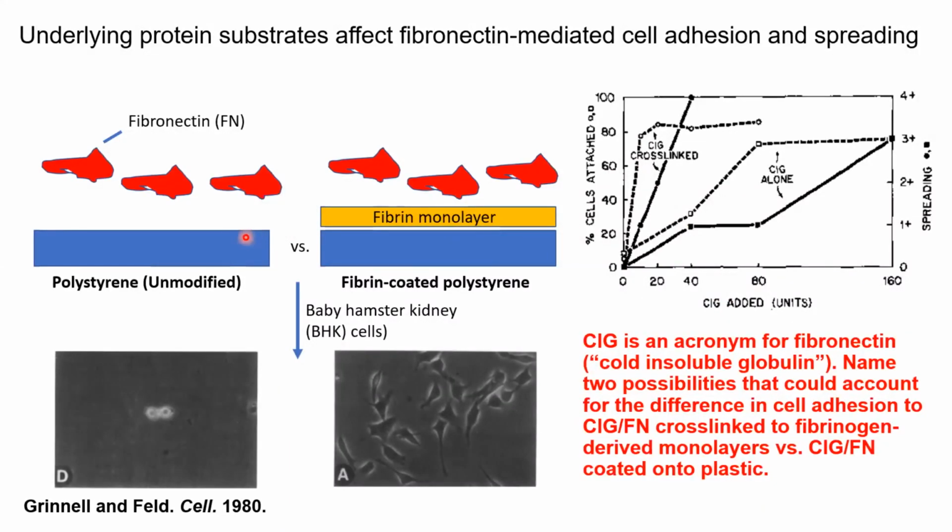In other words, why do you have to put in fewer of these red fibronectin molecules with the priming layer of fibrin than without it? So anyone want to volunteer? Maybe it's a small group, so you can just unmute yourself and speak up.